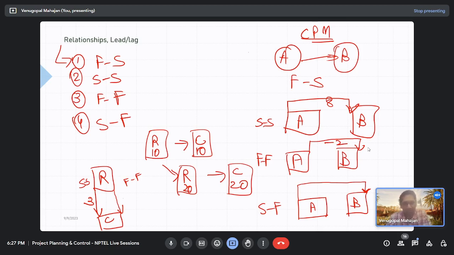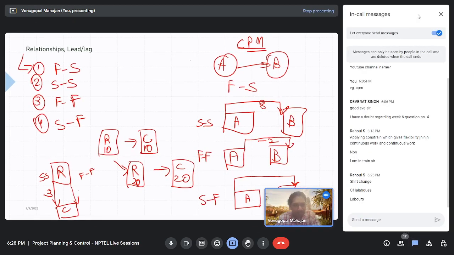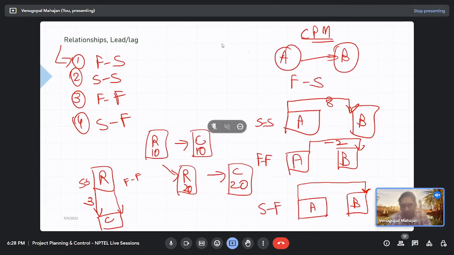Now, one more thing before moving on. Right now, all you have got is point to point relationship, right? Like start of the activity, end of the activity, as it was in CPM. You are not worried about what is happening in between the activity, only the start and end. So again in PDM, it is going to be point to point relationship. There can be continuous relationship also, like placing of reinforcement and placing of concrete, right?